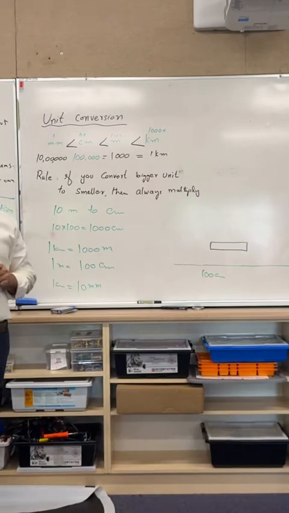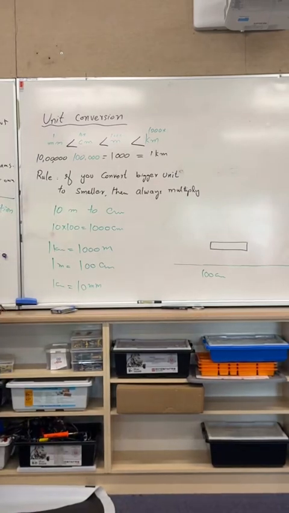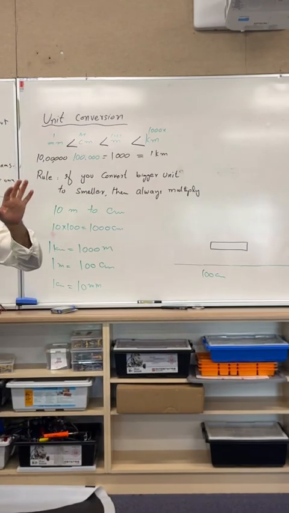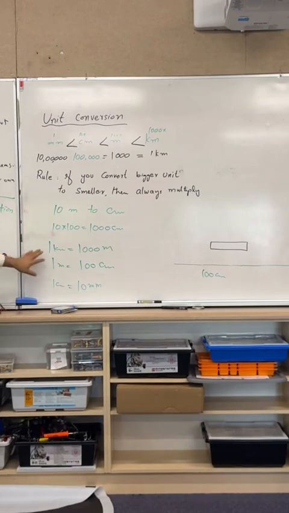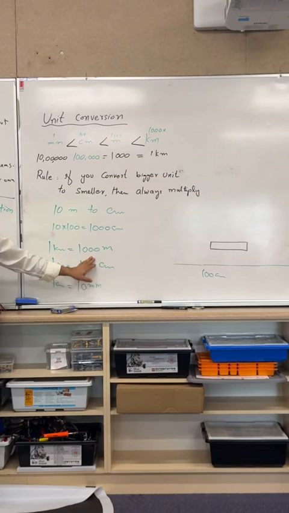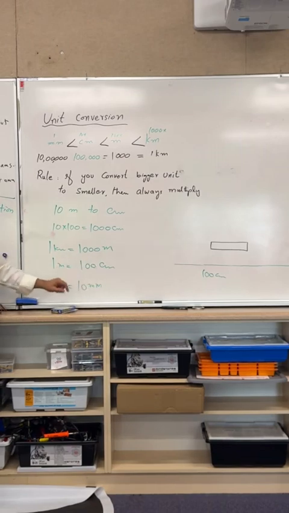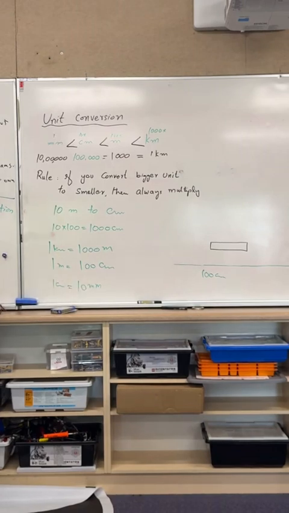So how many of those coins you will get? 50 of them, okay? It means that paper note is equal to 50 coins, okay? Similarly here, 1 kilometer is equal to 1000 of the meters. And 1 meter is equal to 100 centimeter. And 1 centimeter is equal to 10 millimeter.